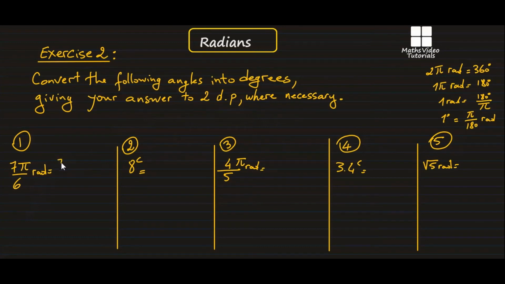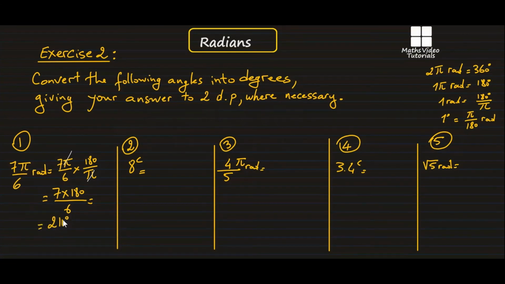For this one here, 7 pi over 6 multiplying by 180 over pi, you can see the pi will cancel out, and we get 7 times 180 divided by 6.